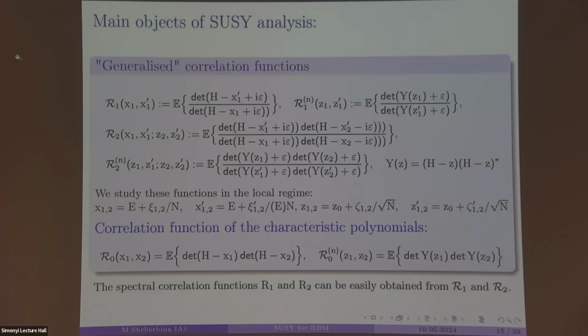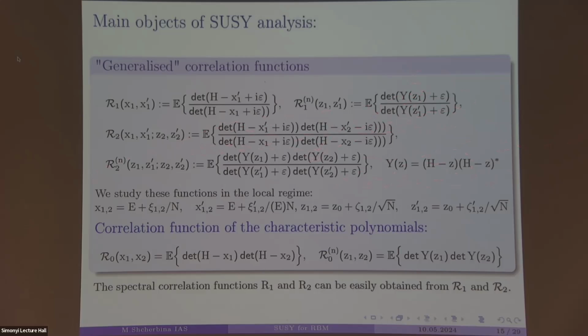use SUSY integration methods. And so, if you would like to know the first correlation function, you consider one determinant in the numerator, one in the denominator, like here. In the non-Hermitian case it's the same, but here you need to consider this hermitization matrix Y. If you need the second correlation function, then a second determinant in the numerator, second in the denominator.